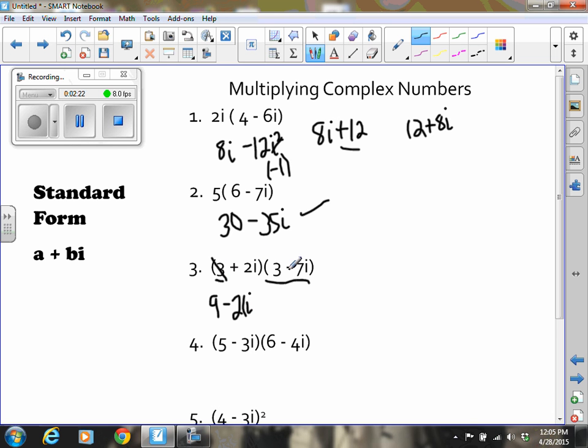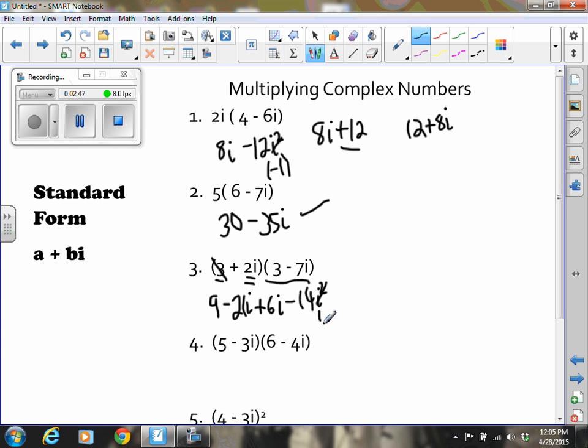Let's distribute our imaginary portion. So I would distribute positive 2i to the second set, which would leave me with positive 6i minus 14i squared. Oh, there's that i squared again. I need to know that it's equal to negative 1.